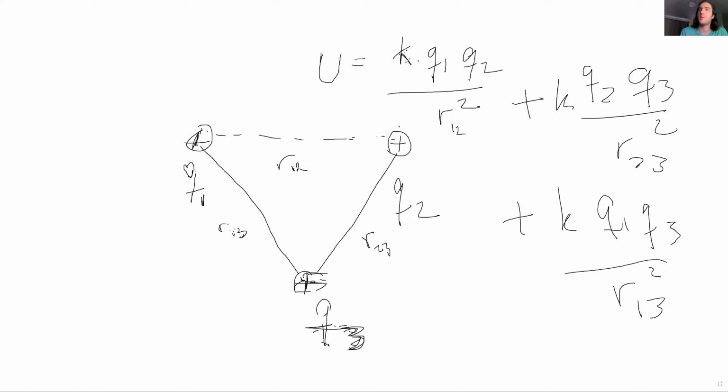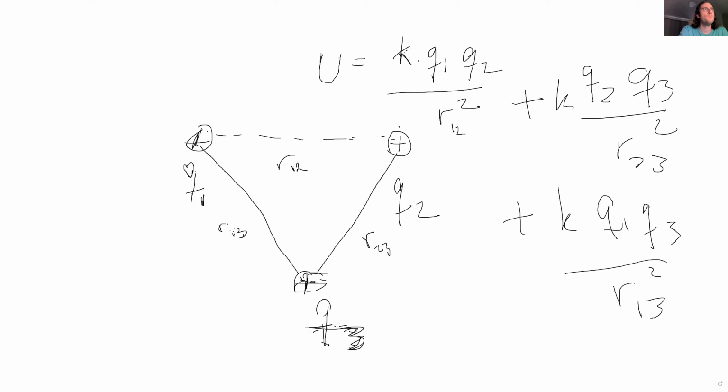Two charges, we have potential energy. If we add a third charge, we add two more terms. A fourth charge, three more terms. A fifth charge, four more terms, and so forth. So the number of terms increases as n, the number of charges, increases.